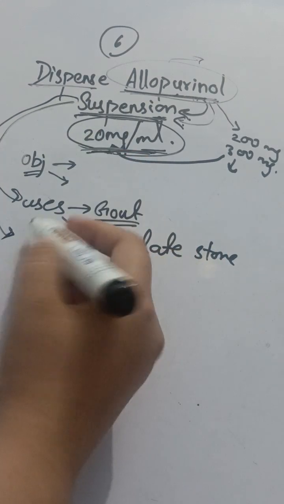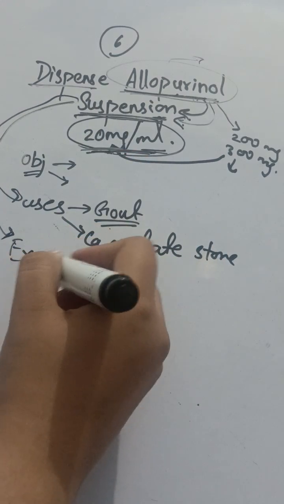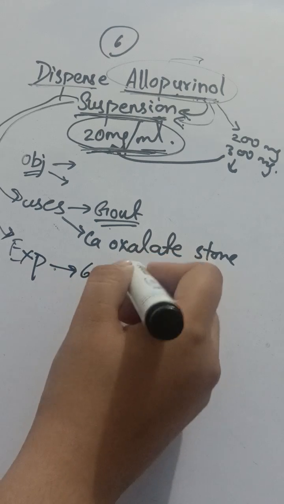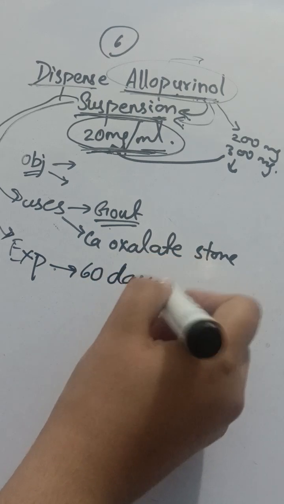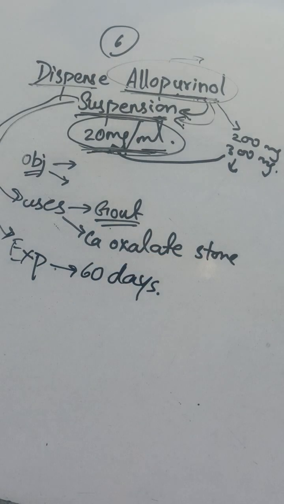Now it will expire within 60 days, or you can say 4 weeks, because after dispensing there are high chances of that medication becoming unstable. You have to store this suspension in the refrigerator or at room temperature, not at very high temperature. So make sure of it.